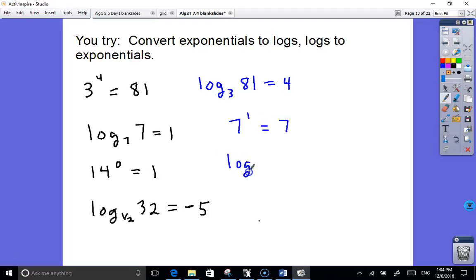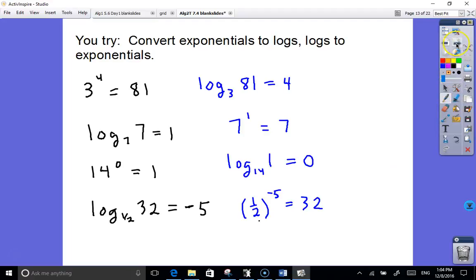Log base 14 of 1 equals 0. Remember, the log of 1, regardless of the base, equals 0 all the time. And the last one, 1/2 to the negative 5 equals 32. Good.